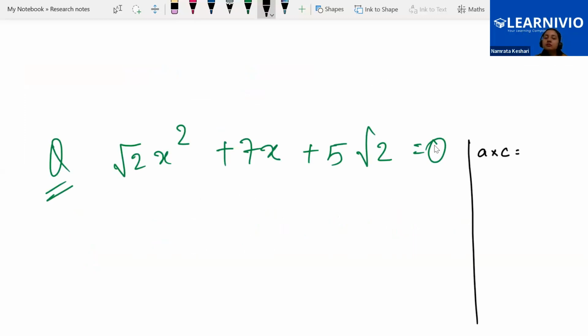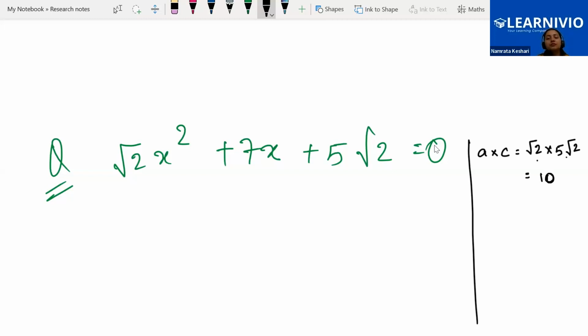Can you tell me what is A and what is C? Yes, Afnan, Alvina, Abdul, anyone, please tell me what is A, what is C? Under root 2 into 5 under root 2. Okay, if we multiply under root 2 with 5 root 2, what are we going to have? 10.